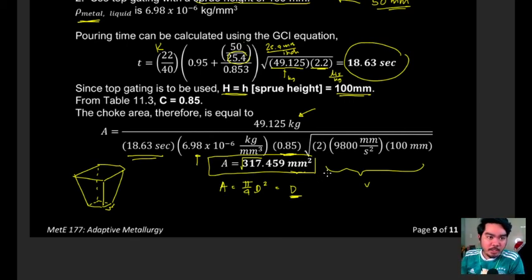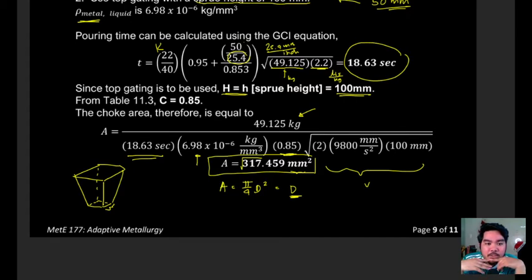Now, we proceed with gating ratios, and gating ratios medyo mas simple na lang to, no? Ito lang talaga yung bulk ng difficulty when we talk about gating systems. Before we proceed to gating ratios, meron bang questions so far on the choke area? Okay ba tayo? Okay.